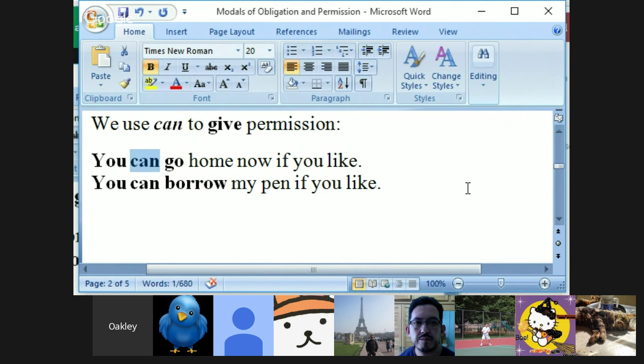English speakers would automatically more or less assume that you're talking about you have the opportunity. You could go home now if you like. Okay, you have a chance to do so, or you have the physical capability to do so. So it really would change the meaning entirely. So to give permission, you can't use could.